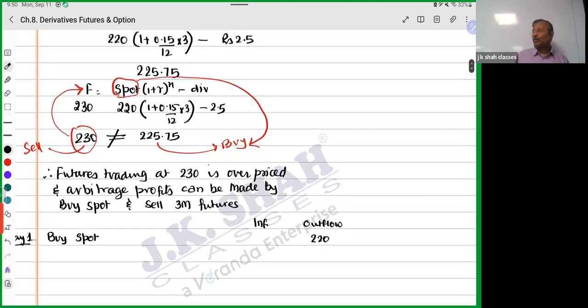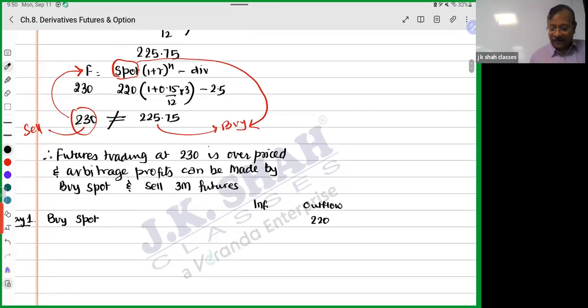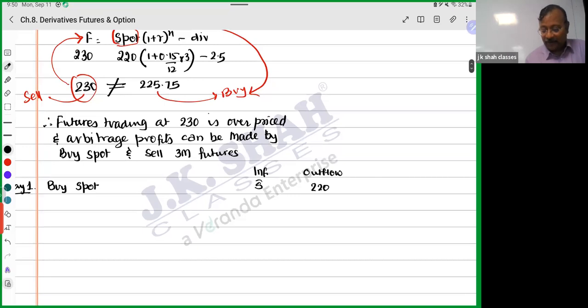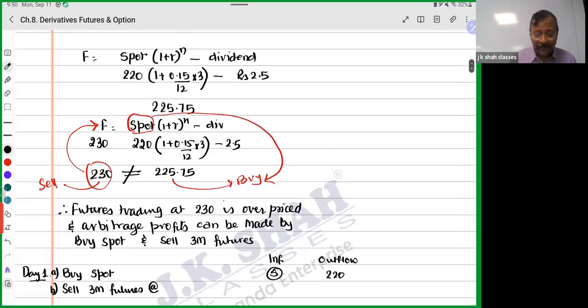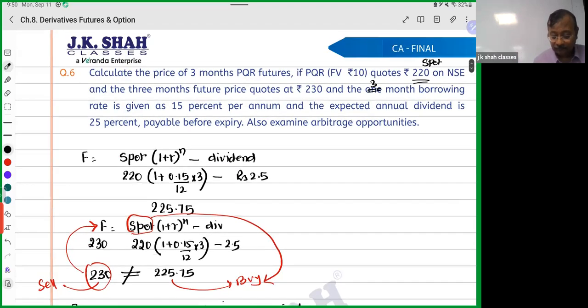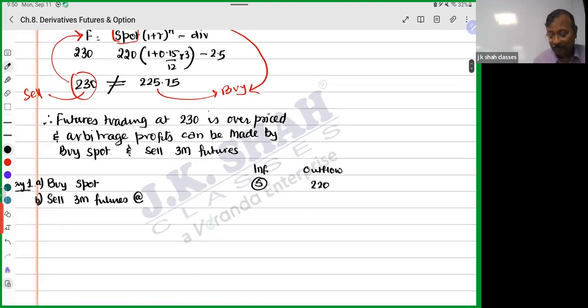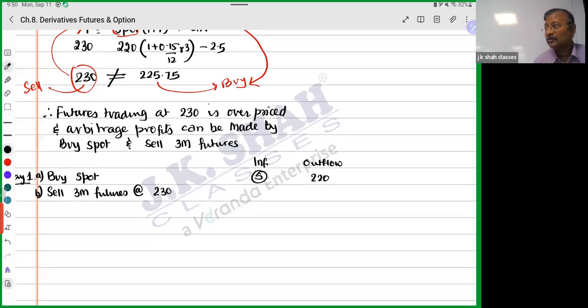The spot price is 220, right? And the stock will come into your demat account, right? Then simultaneously you are going to sell 3-month futures. At what price is the future trading today? Okay. Will this be an inflow or an outflow?